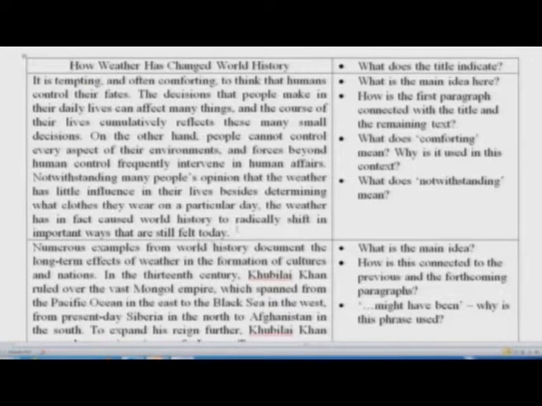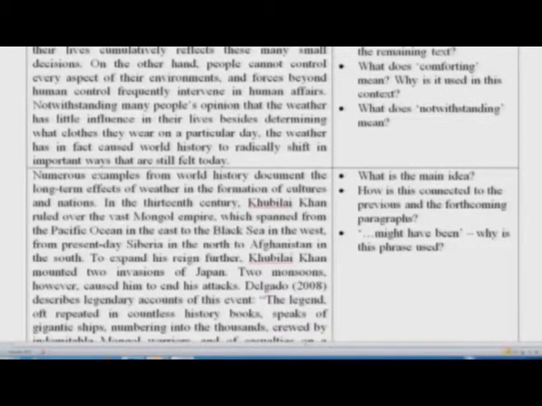Okay. So, let us look at this paragraph in detail. The title is How Weather Has Changed World History. So, by just looking at the title, can you guess something about the content? Most likely the text is going to talk about how weather has influenced world history.